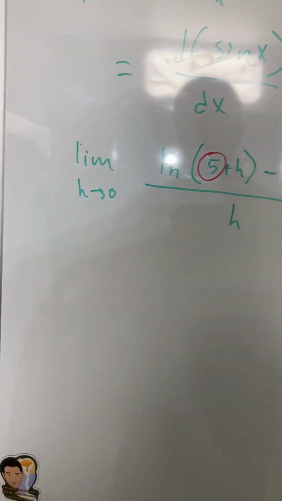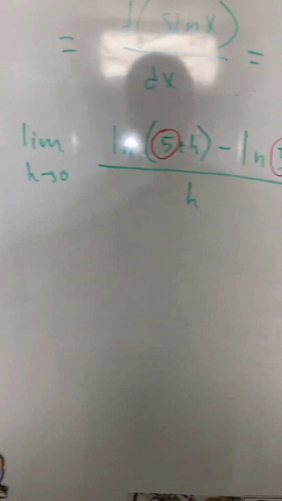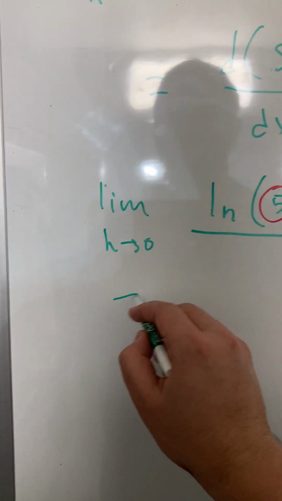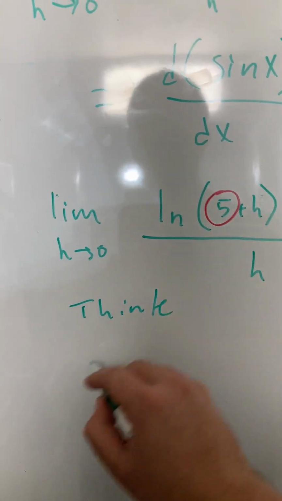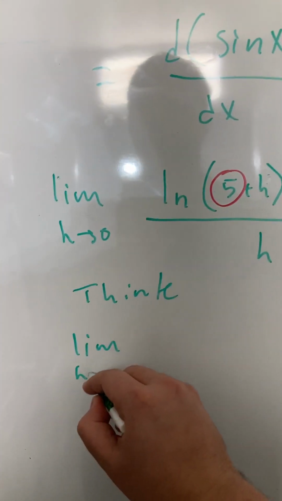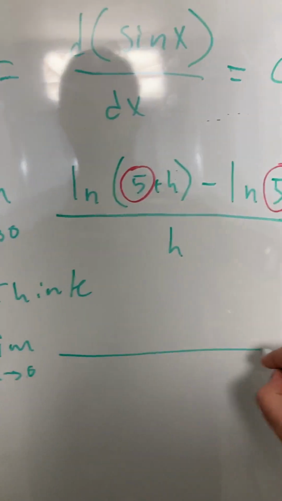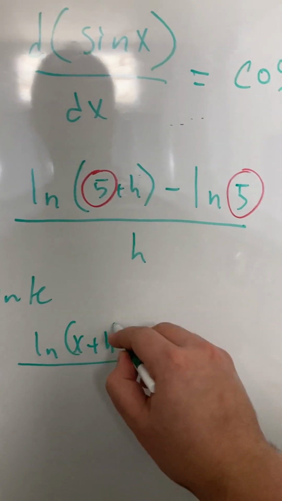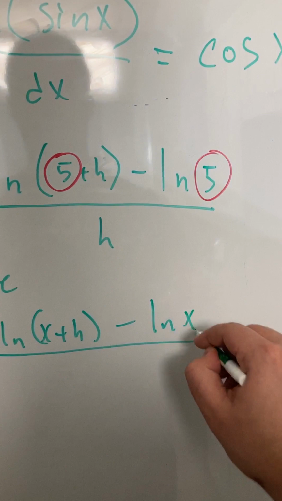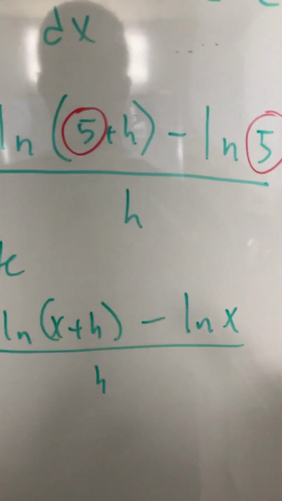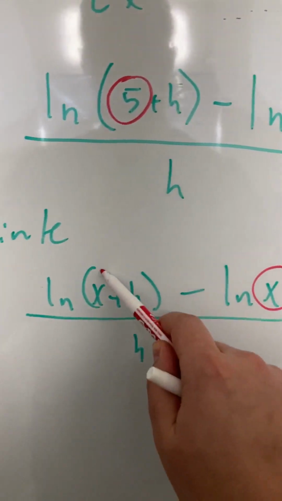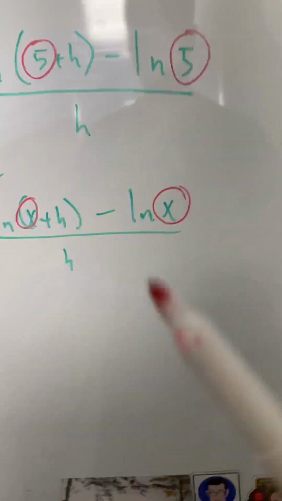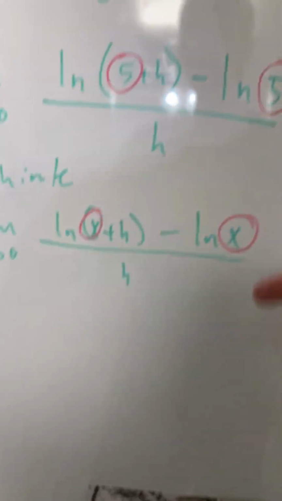So I'm just going to store that 5. I am going to rewrite this whole thing just for my convenience. I'm going to say the limit as h approaches 0 of natural log of x plus h minus natural log of x over h. And I'm just going to highlight those x's. Those x's replace those 5s.